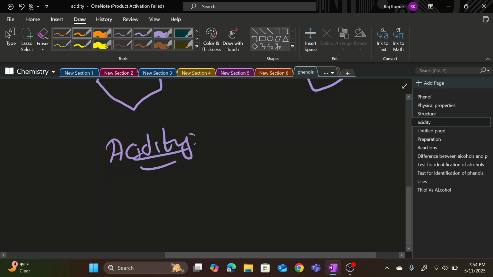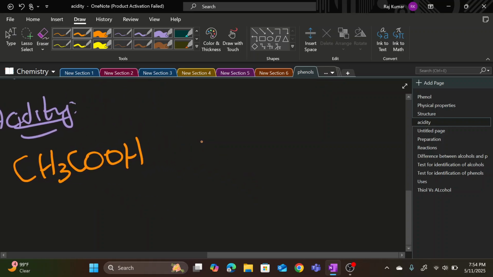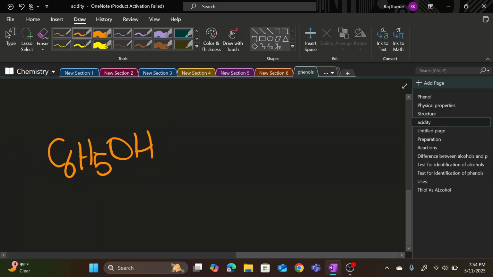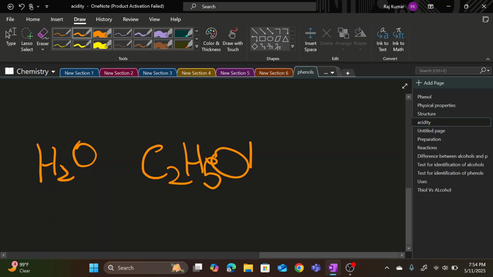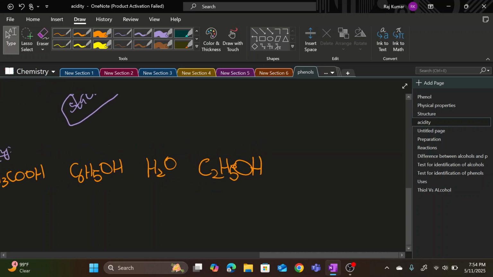I compare carboxylic acids. Let's say I take acetic acid, and I take phenol, and I take water, and I take alcohol, right? So I take these 4 things.